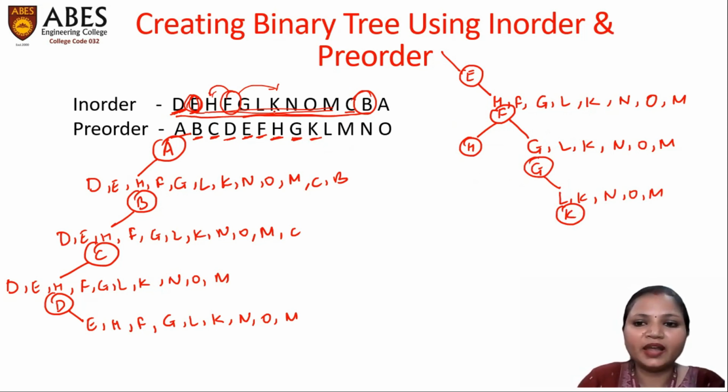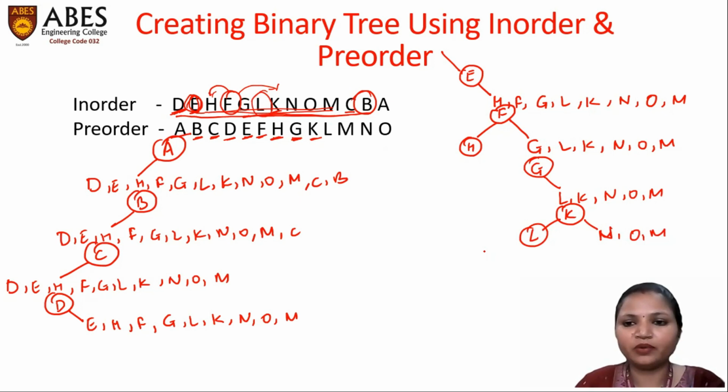Now check for K. The not traversed element is L. So L will come on its left hand side and N, O, M will come on the right hand side. Okay, fine. Now L and K have already been traversed. Next element is M. So the next root element will be M.